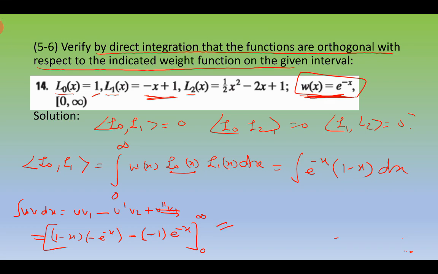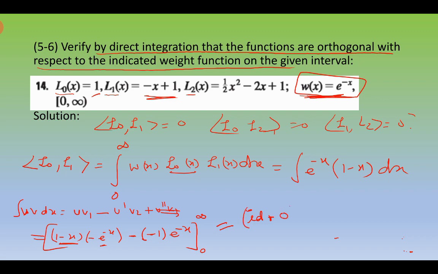What is happening? Substitute upper limit here. X is infinity makes this infinity times e power minus infinity, so 0 times infinity is an indeterminate form. Indeterminate form, we can write the first time. Minus this one, minus 1 will be plus, e power minus infinity will be 0.